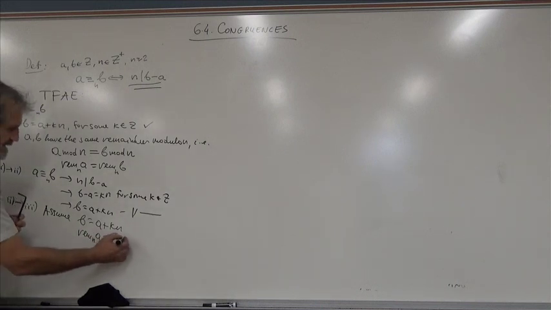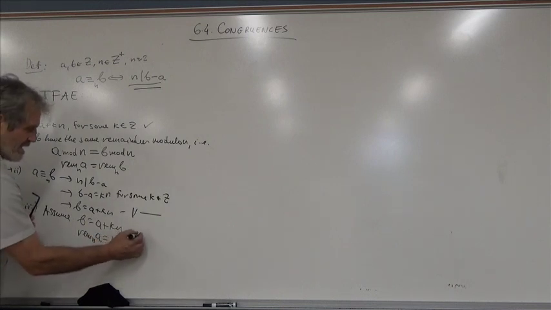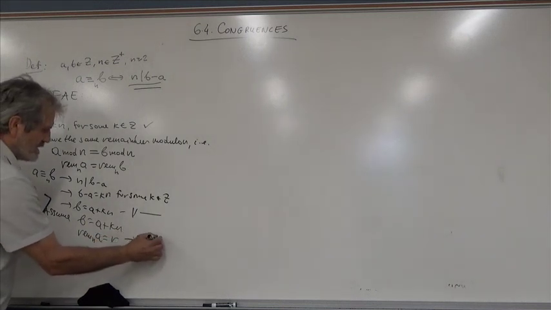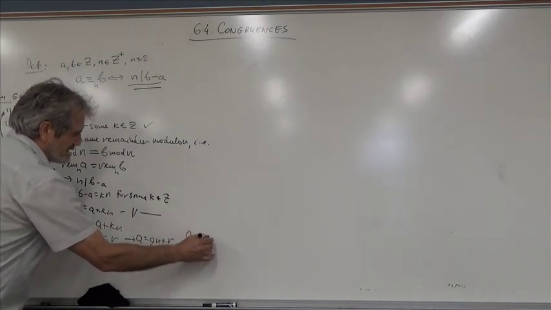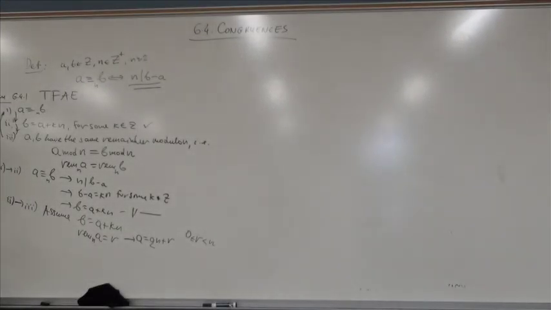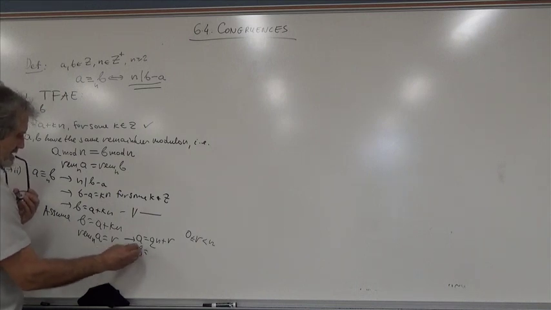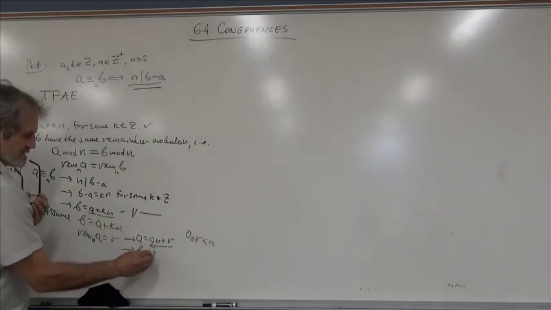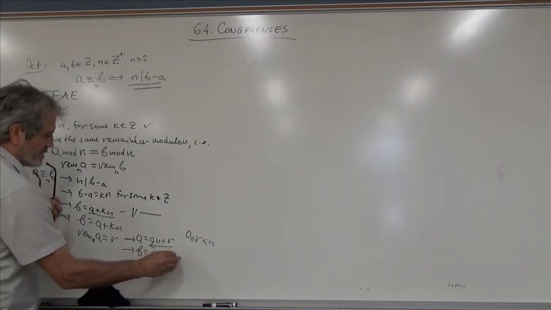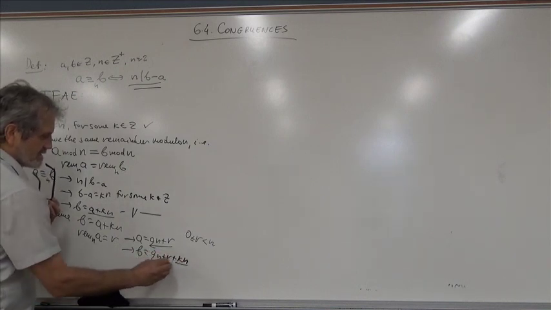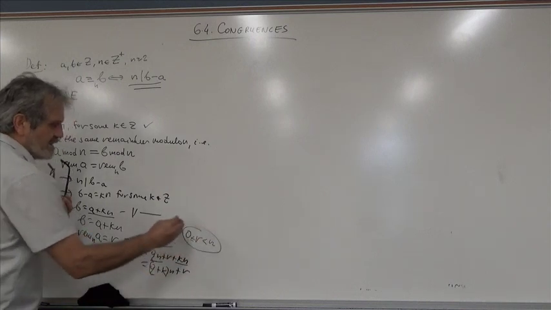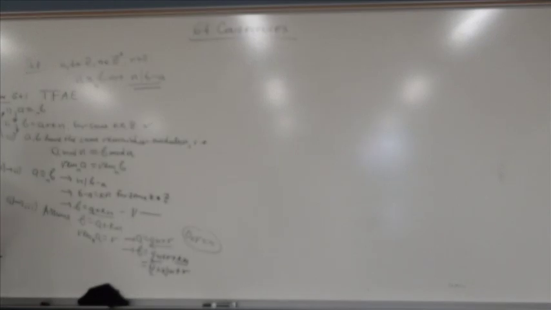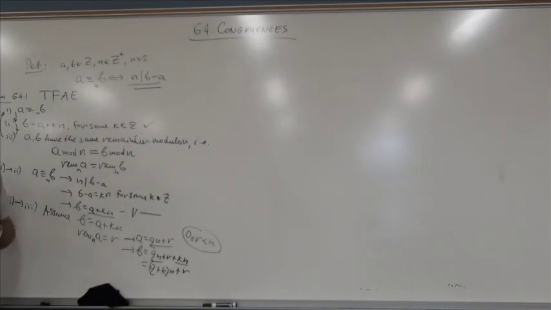By definition of remainder, A equals Qn plus R, where R is greater or equal to 0 and less than n, and every number satisfying that is a remainder. But then how much is B? B is A plus Kn, so it's Qn plus R plus Kn. I put these two together: Q plus K times n plus R, where R is between 0 and n by definition of a remainder. That's a remainder for B as well.